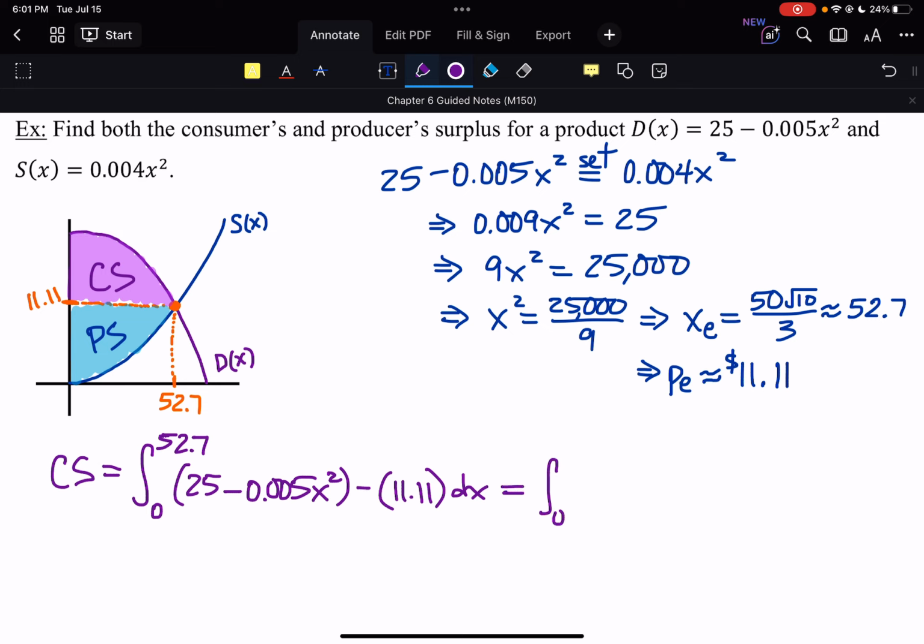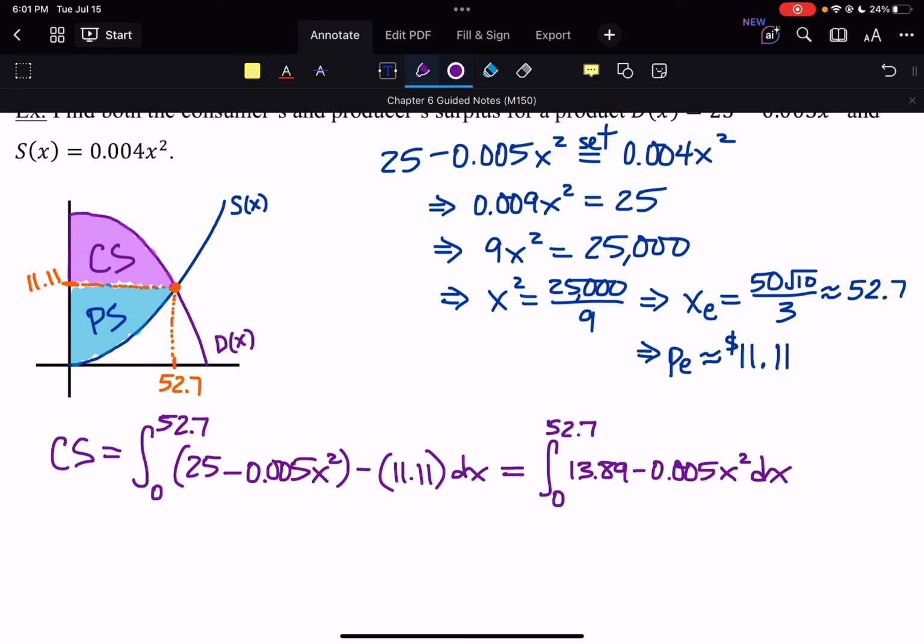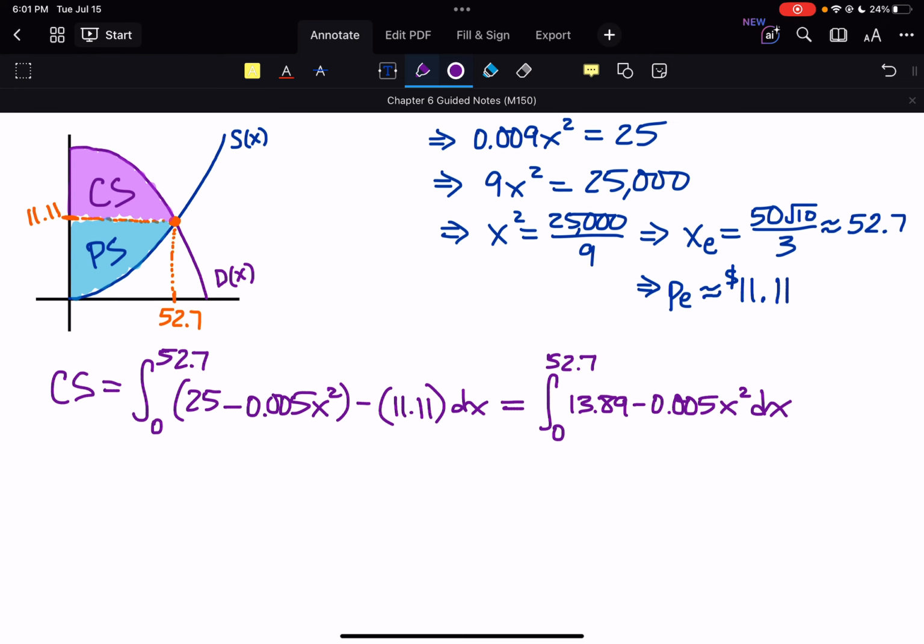So let's see here. Integral 0 to 52.7 of 11.11 minus... 13.89 minus 0.005x squared dx. So we take the antiderivative.